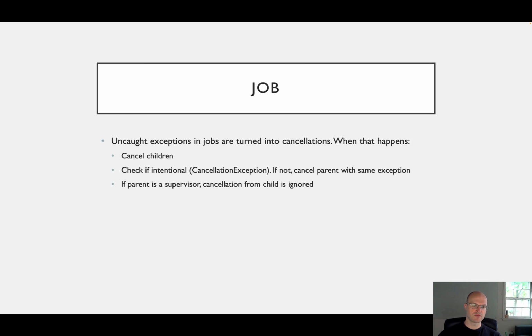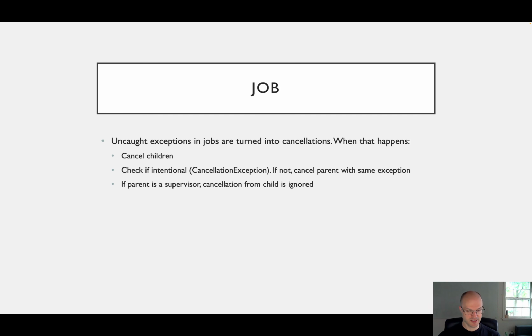In other words, nothing weird has happened. This is not really an exceptional case. This is fine. We just want the job to stop in a non-noisy way. And if it was intentional, that's actually the end of it. So all we do in that situation is we cancel the job, cancel the children, we're done.